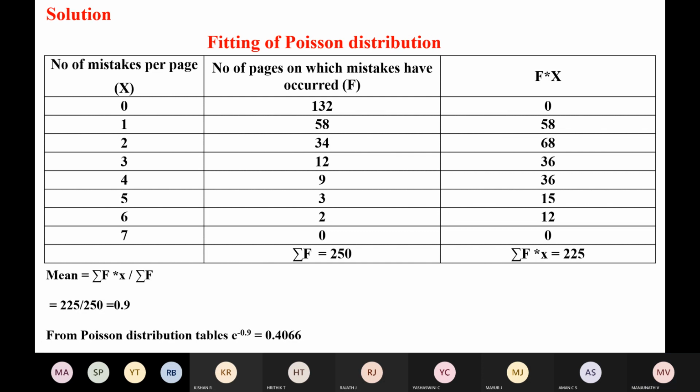Sir, yes, tell me. Sir, is it 250 or 225? I'm looking at the chat box there. It is not 225. It is 250. I've written it in the chat box. Check.